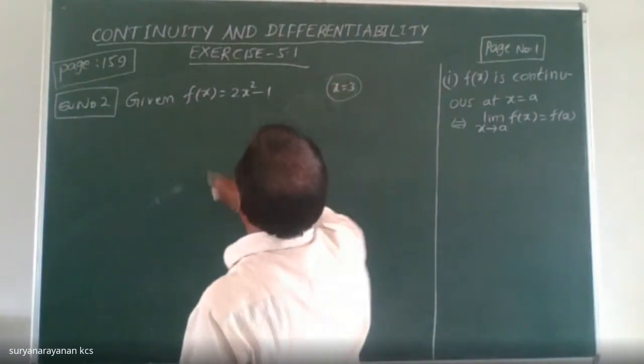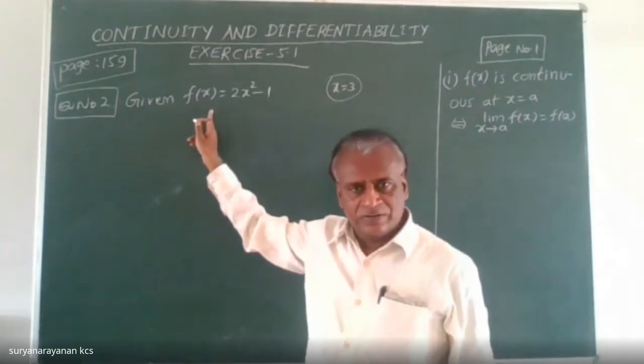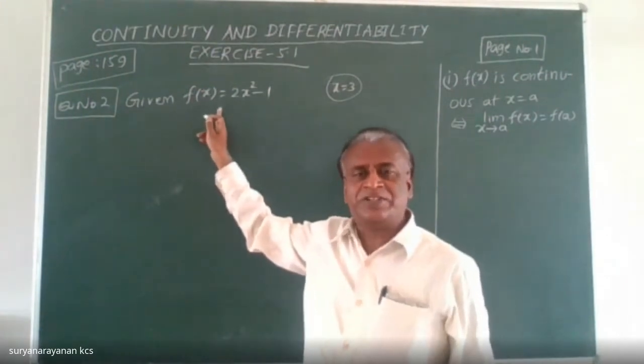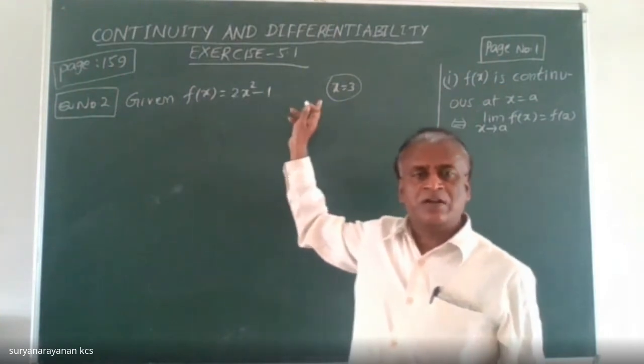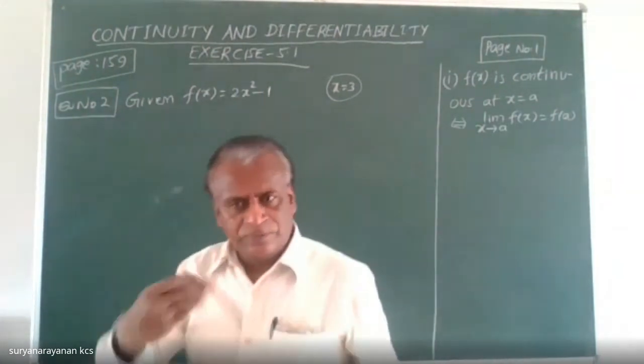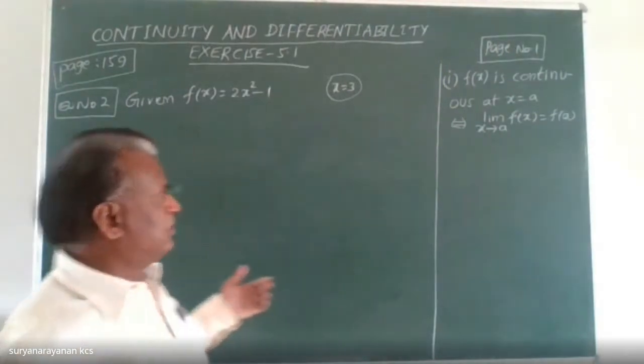At this point, we have to check the continuity of this function, means whether it is a continuous function or not at this particular point. We follow the same procedure as we followed for the first question.